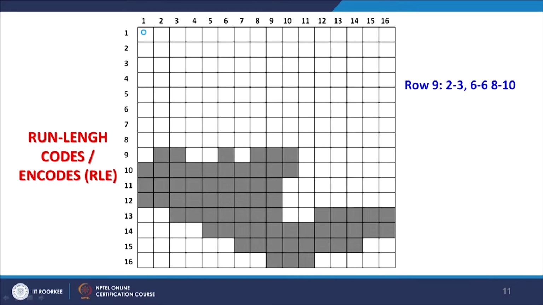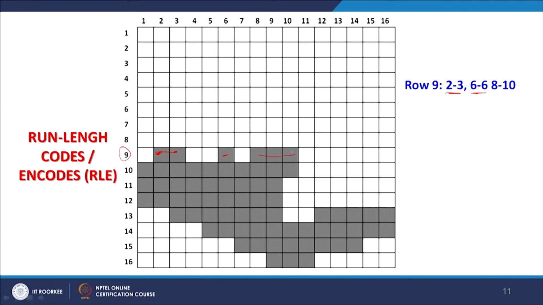So, if I have to code, so first code first row which is the 9 which is having these black cells. So, for 2 3 that means run between column number 2 to 3, then there is a gap because of white pixels. So, no coding will be done. Then 6 6 is here, just one cell, and the length is just one cell.